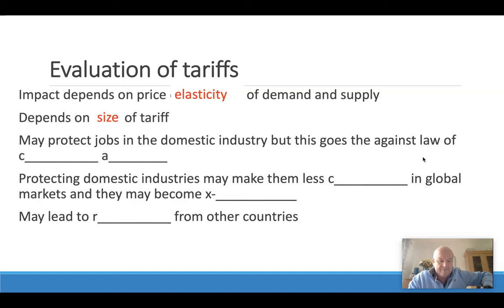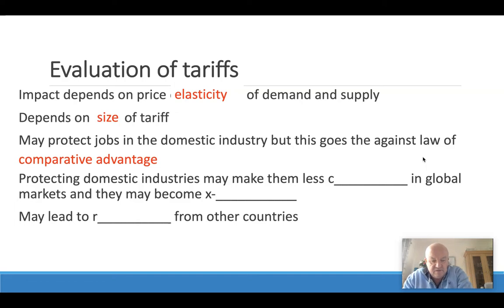Okay. We've touched on some of the reasons why tariffs are imposed. However, one of the issues is that it does go against the law of comparative advantage, and one could argue that tariffs are basically stopping or reducing free trade, or the reasons why businesses or economies might choose to trade with one another.